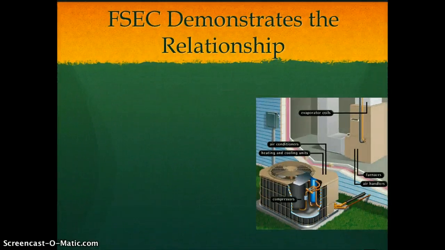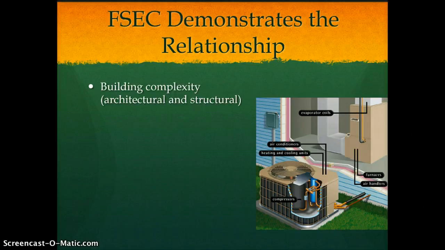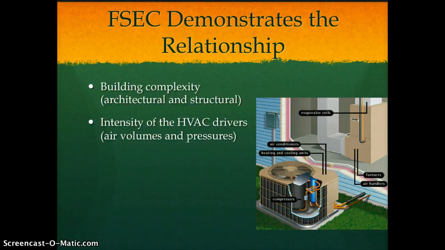Florida Solar Energy Center's research has demonstrated the relationship between building complexity, architectural and structural, the intensity of the heating, ventilation, air conditioning drivers, air volumes and pressures, and the risk of building failures.